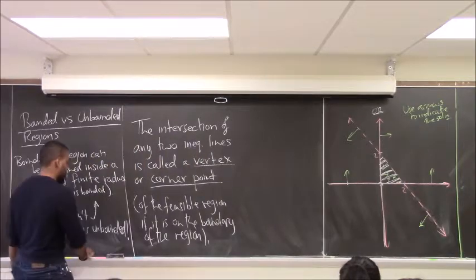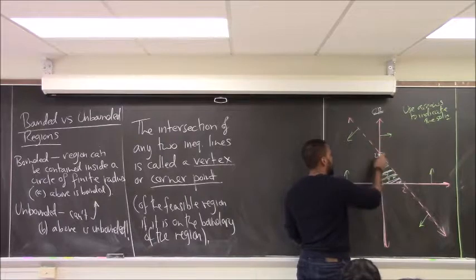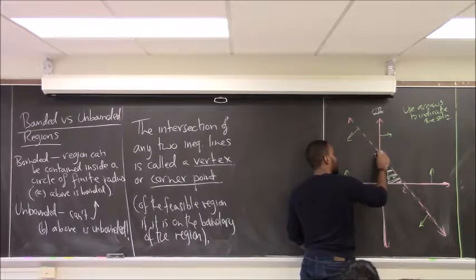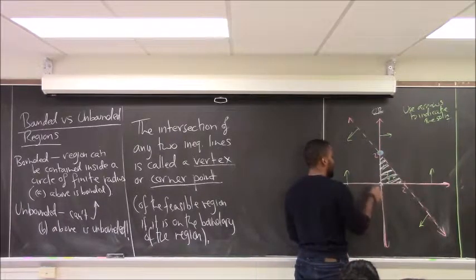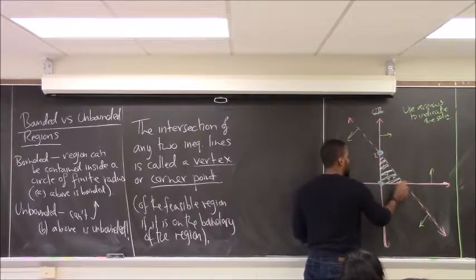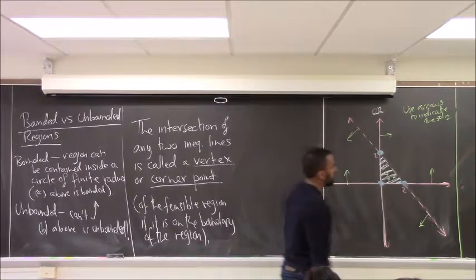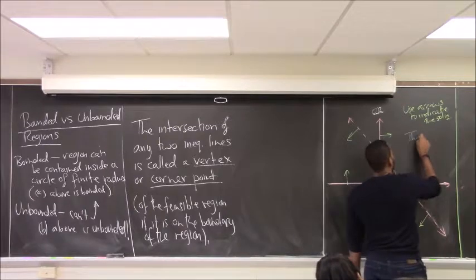So, for example, on A, this line intersects that line. This is called a corner point. And these two lines intersect. This is called a corner point. These two lines intersect. That is called a corner point. So this feasible region has 3 corner points.